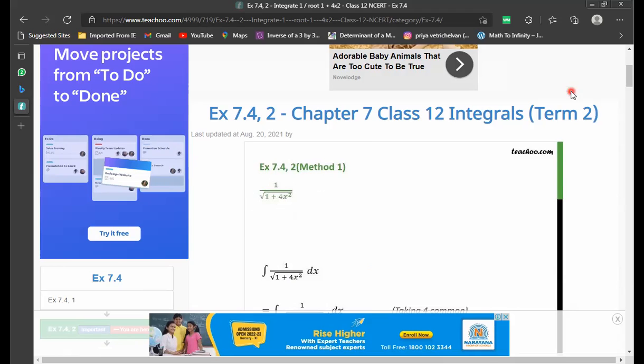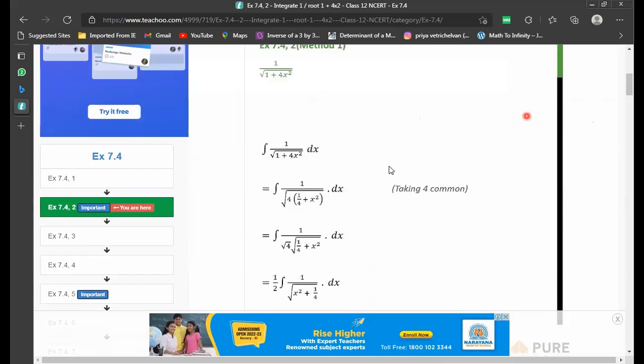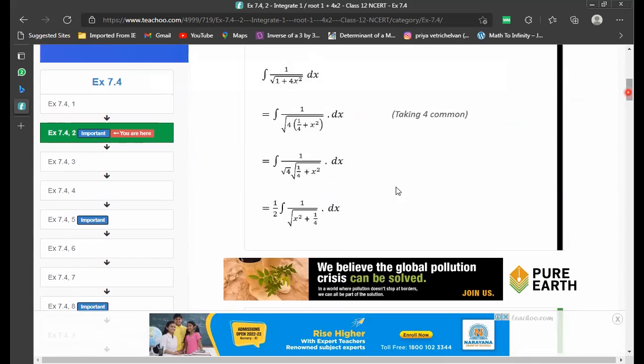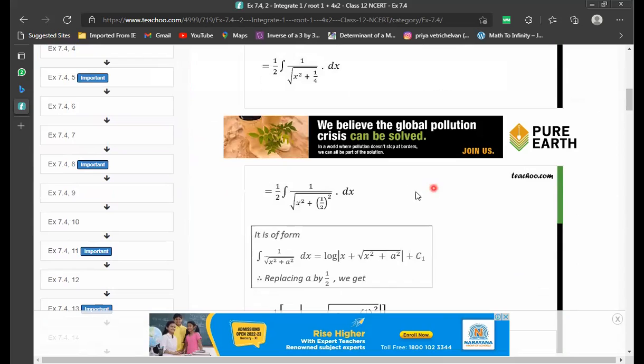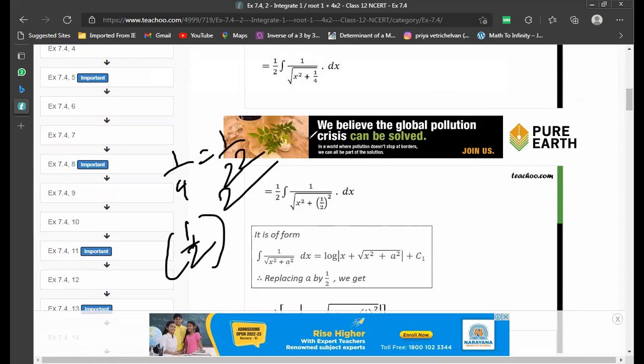When you take 4 outside, this 1 will turn into 1 upon 4, and 4x square will turn into x square. Now 1 upon square root of 4 can be written as 1 by 2, isn't it? And 1 by 4 can be written as 1 by 2 the whole square.